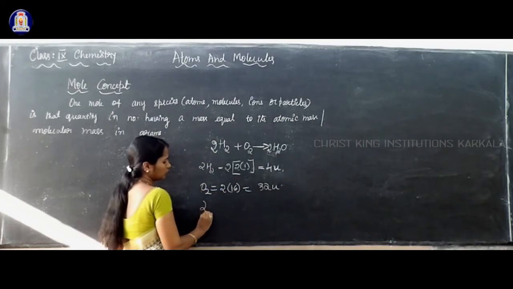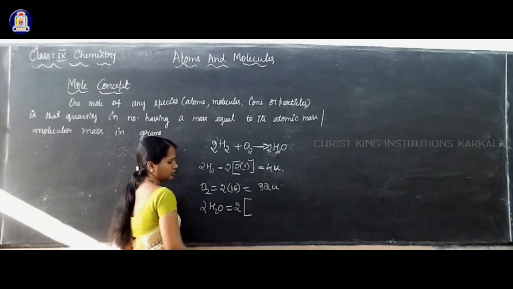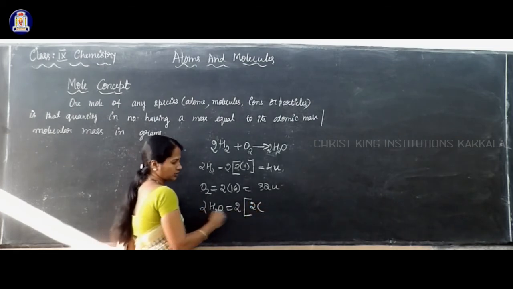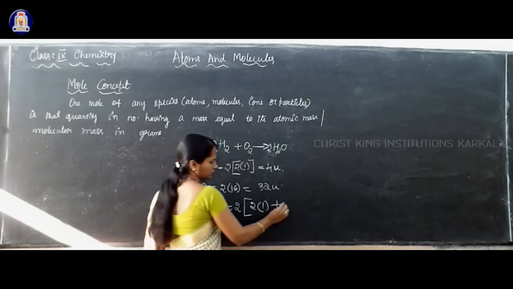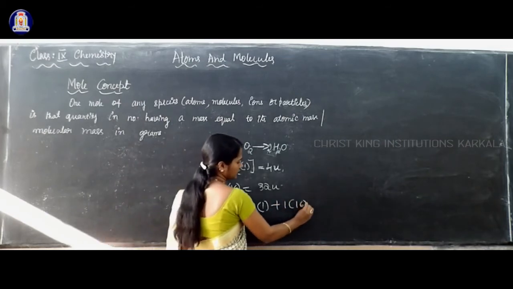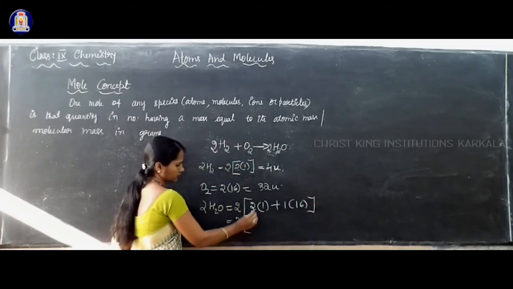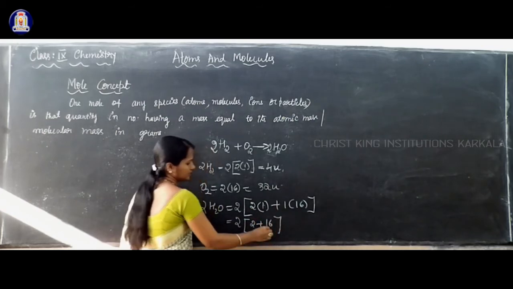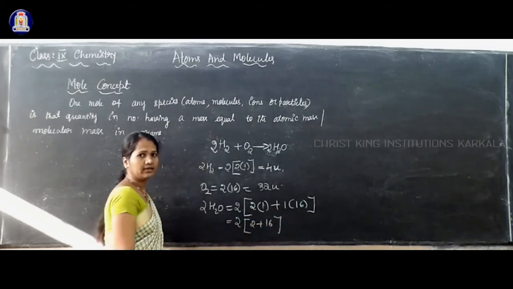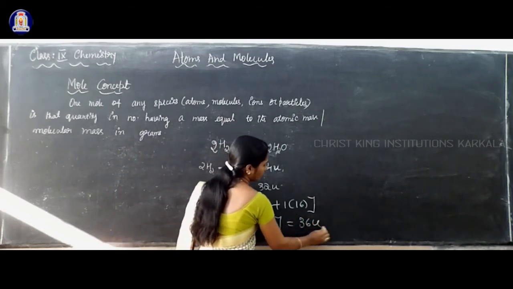And water, 2H2O, is 2 into H2O: 2 into atomic mass of hydrogen 1 plus 1 into atomic mass of oxygen 16, which is 2 plus 16 equals 18. 18 twos are 36, 36 atomic mass unit.